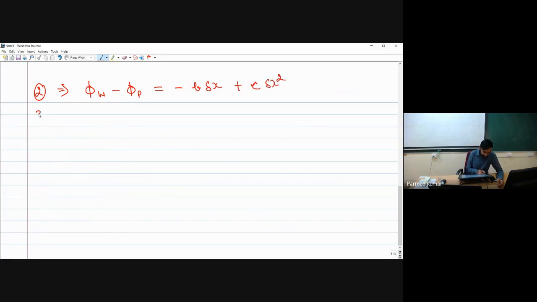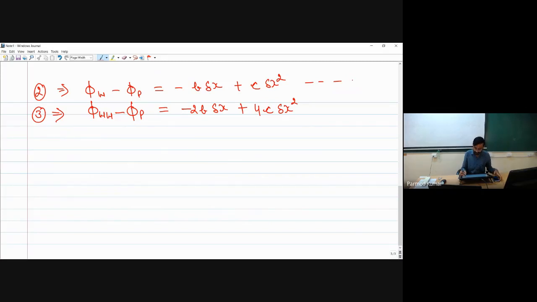If I now rearrange equation number 3, that becomes phi ww minus phi p equal to minus 2b times delta x plus 2 square will be becoming 4, so 4c into delta x square. Say this is equation number 4 and this is equation number 5.